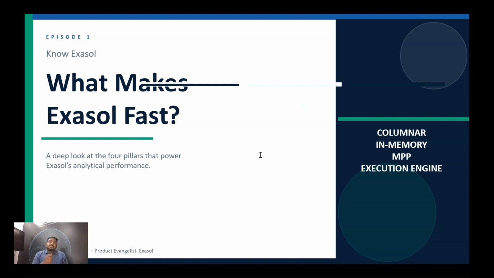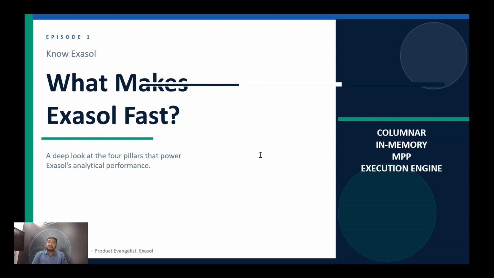To make Exasol faster, there are four important pillars we need to deep dive into and understand the engineering behind. The four pillars are named explicitly in Exasol's official overview as well. Columnar storage reduces I/O by reading only query relevant columns.